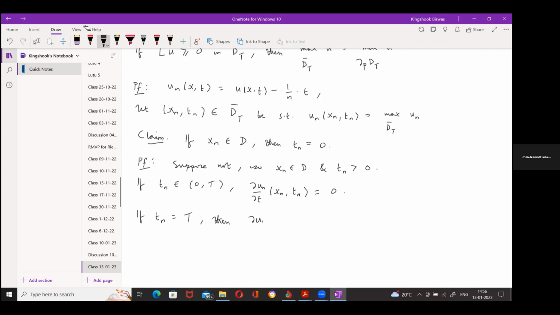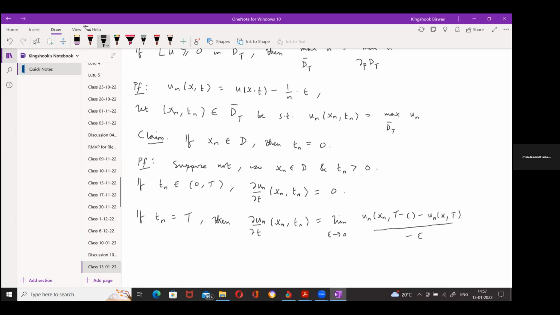Then del un del T at xn, Tn is equal to the limit as epsilon tends to 0 of un of xn, capital T minus epsilon, minus un of xn, T, the whole thing divided by minus epsilon.